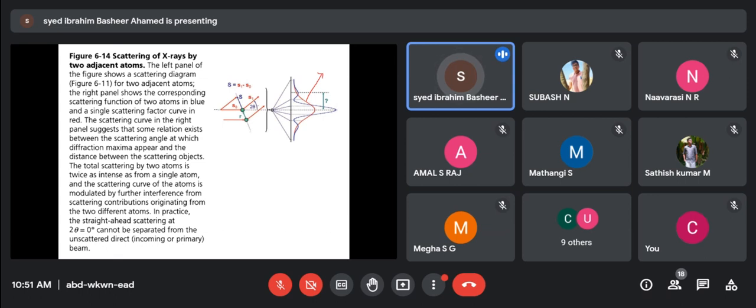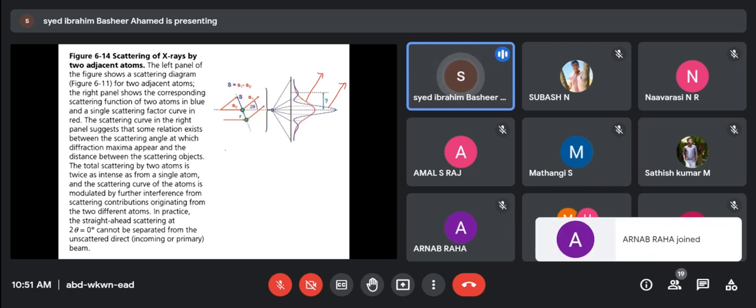Individual lattice points will have this intensity. The cumulative effect of both lattice points is indicated like this, and you can see the cumulative effect has a higher intensity, right?